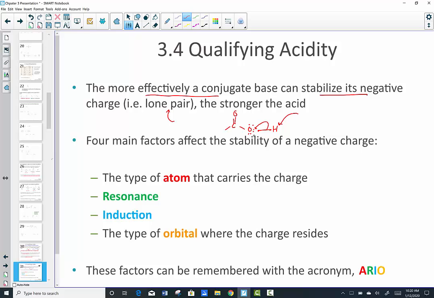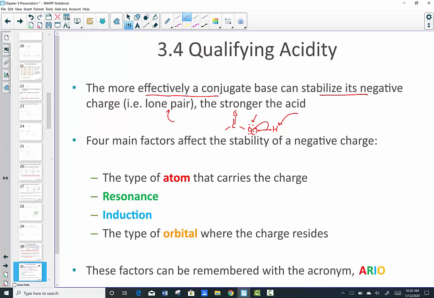That lone pair creates a negative formal charge on the oxygen. How good of a job does that oxygen do at stabilizing the negative charge? The more stable that lone pair of electrons becomes on the conjugate base, the stronger the original acid was.